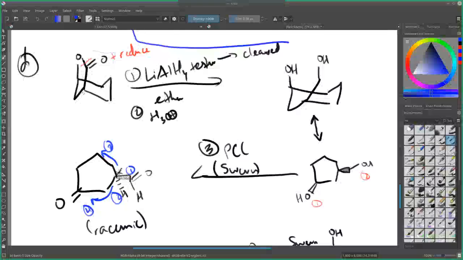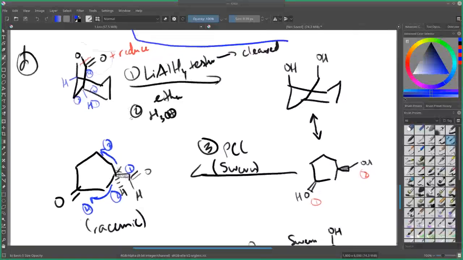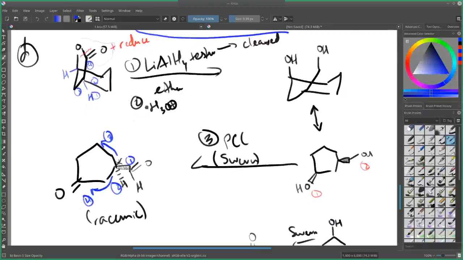So here these carbons actually are enantiomerically pure, aren't they? Because each of them has one, two, three, and four different substituents. So maybe it actually could wind up being that this comes out enantiomerically pure.